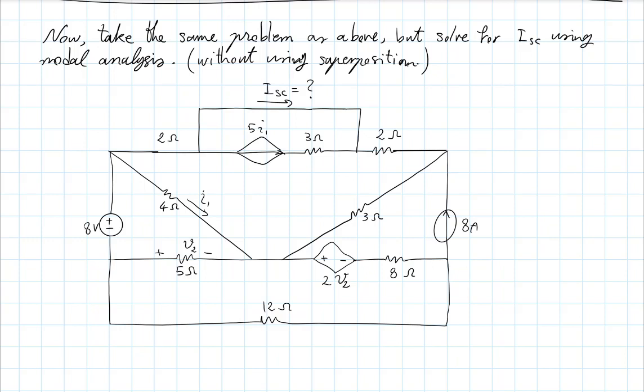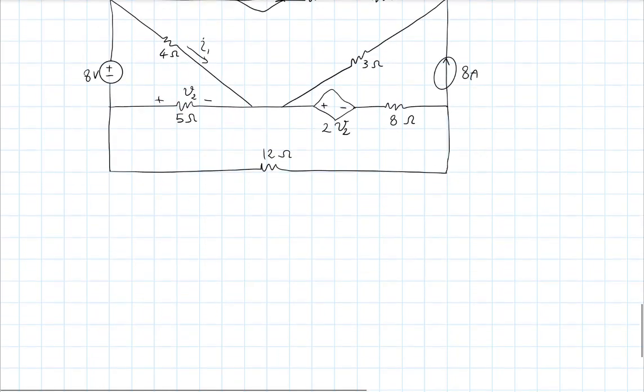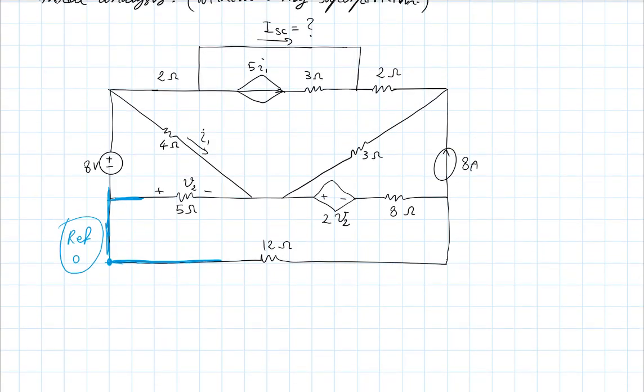Okay, so I'll start by defining node voltages. And the first step in that is to define a reference point somewhere in the circuit. And here's just my choice. You could choose anywhere. But this is one big node here. I'll call this my reference. And I'll say this is 0 volts. And then let's go ahead and label all the other nodes with voltages. So I have one node here.